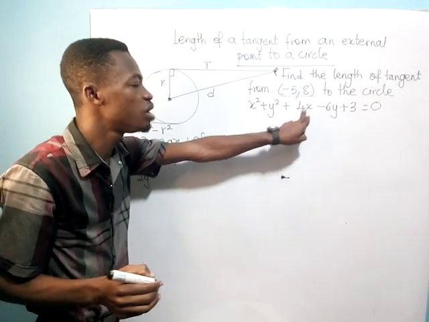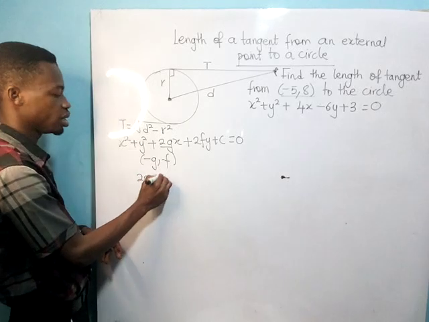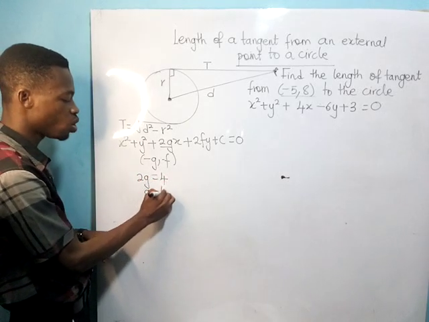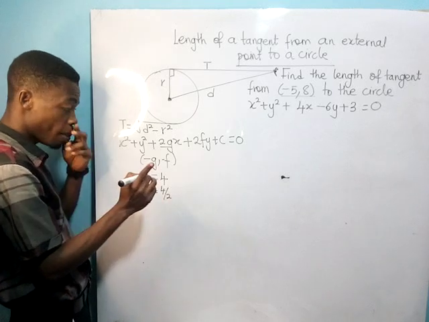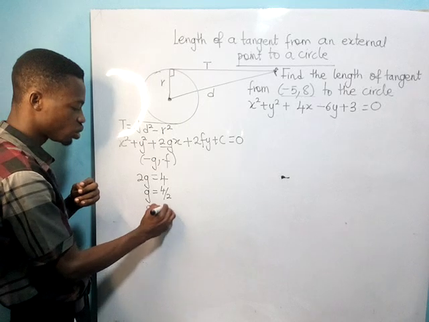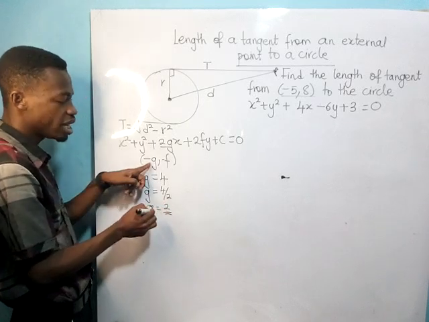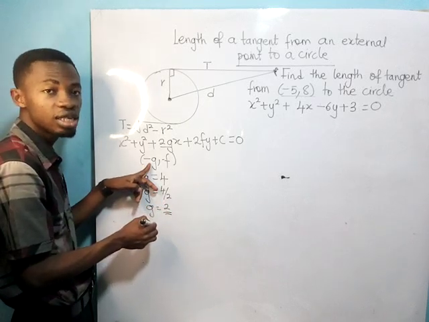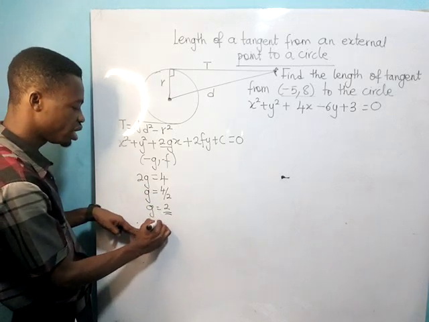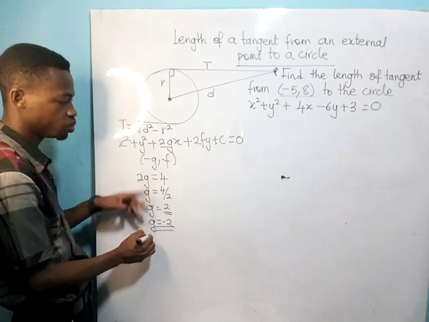We equate 2g to the coefficient of x, which is 4. Our g here is 4 over 2, which gives g equal to 2. But the center is giving us negative g, so the final value of g is negative 2.